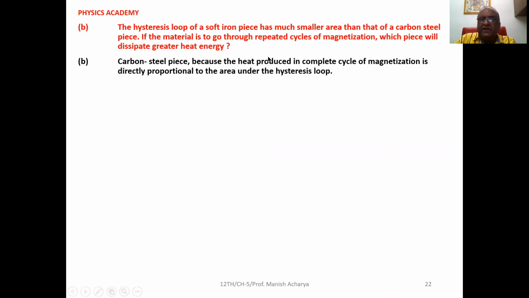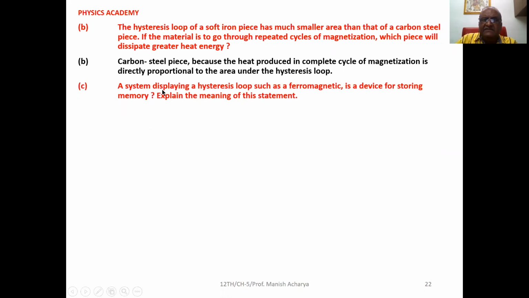Obvious, carbon steel piece, because here it is given to you that the hysteresis loop of the soft iron has a smaller area than carbon steel, and the area enclosed by the hysteresis loop gives you the loss of energy in the form of heat.